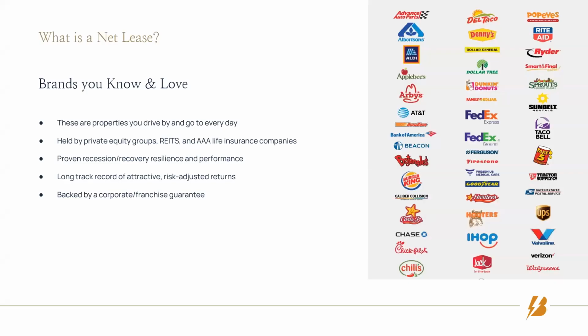Okay, so these are properties, these are businesses that you know and love. These are properties you drive by every single day. You might have even gone to one of these places today, right? There's many more than what I have shown here, but these are businesses like AutoZone, Dollar Tree, Dollar General, Aldi, Denny's, Taco Bell.